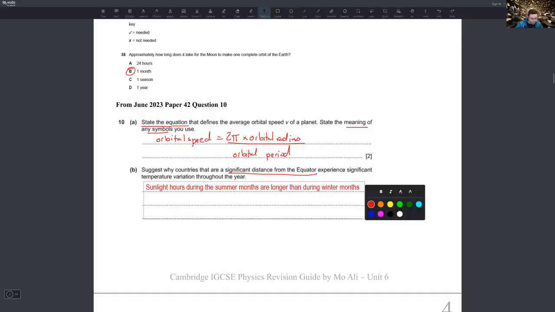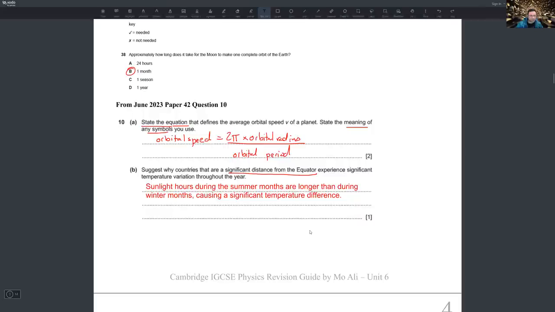So you get more sunlight during the summer than you get during the winter, causing a significant temperature difference. If he had given me more marks, I would have explained more. Let's trust it.